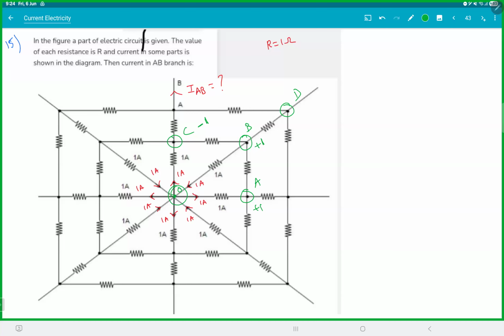A should be +1, isn't it? Look at the current direction. Current always flows from higher to lower potential. And this current is 1 ampere and resistor is 1 ohm. So potential difference is 1 volt. Yes or no? Resistance is 1 ohm. Current is 1 ampere. Potential difference is 1 volt.